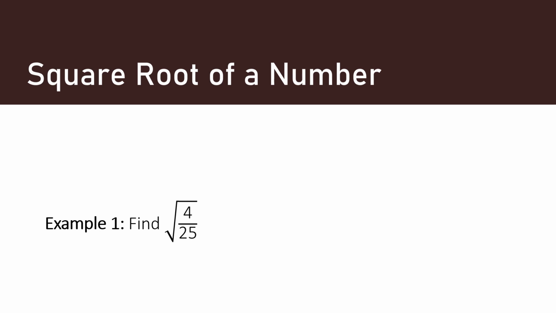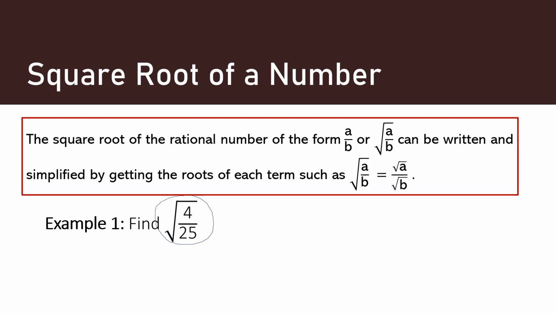Next, how about if we are given a fraction? We have a fraction inside the radical sign. It says there that the square root of a rational number of the form a over b can be written and simplified by getting the roots of each term, such that the square root of a over b as a whole is equal to the square root of a over the square root of b.